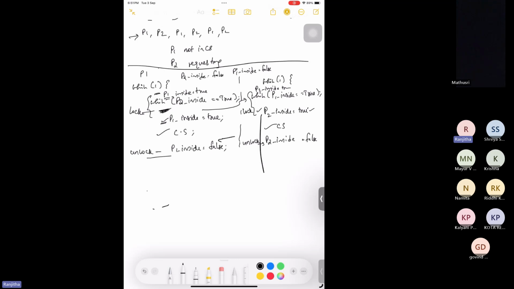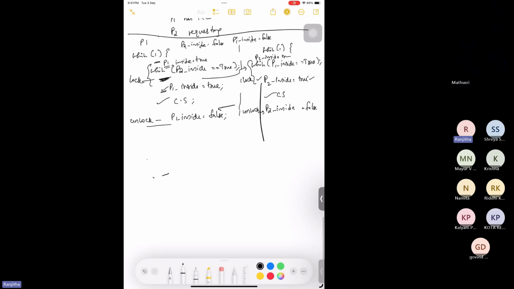Based on the current value, one of the processes in the deadlock will be favored, and then we will be able to come out of the deadlock situation. That was for two processes. Another algorithm for ensuring synchronization, and these are all software synchronization mechanisms, is the bakery algorithm.